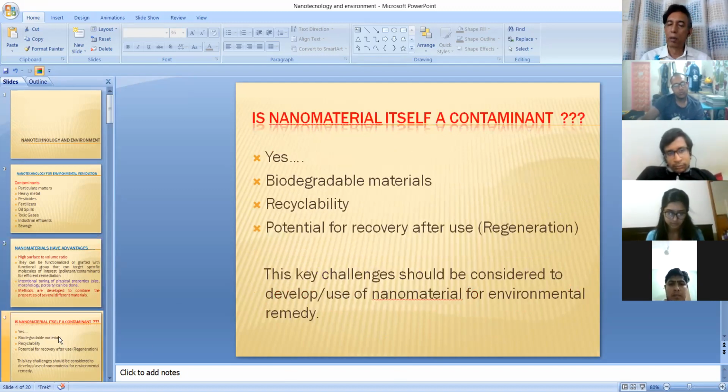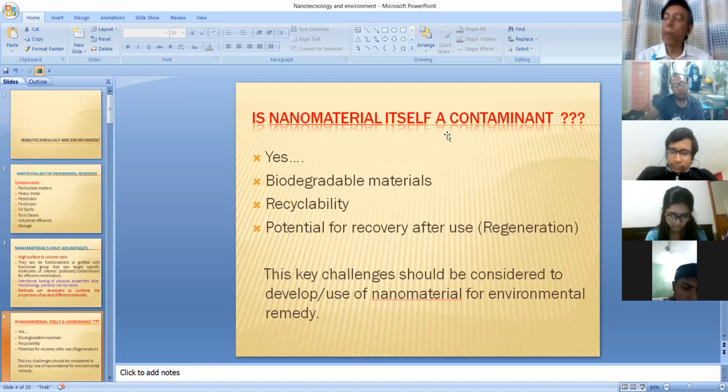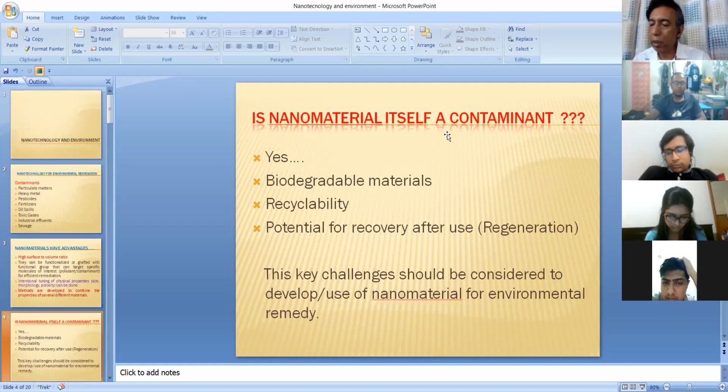But is nanomaterial itself a contaminant? Using nanomaterials is very risky because they can enter into your body, they can enter into your cell, even into your cell nucleus, because it is not a bulk material.